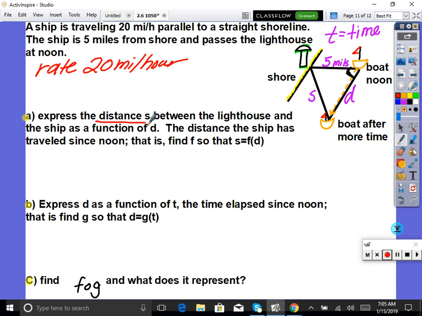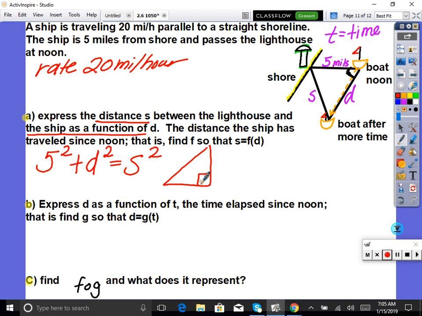So isn't my true statement 5 squared plus D squared equals S squared? One side squared plus the other side squared equals the hypotenuse squared. It's a right triangle, the right triangle that literally looks like this. This was 5, this is D, this is S.